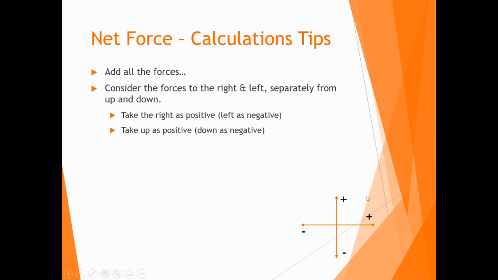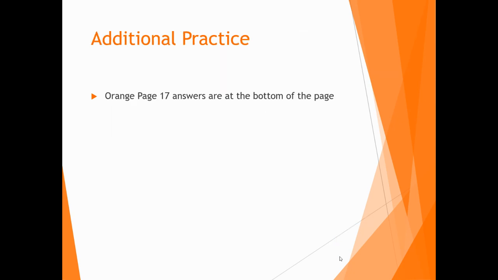And we use the same convention for positive direction as we do when we are in math. So like on the number line, the positive direction is over here to the right, where the negative is to the left. And same with up is positive and down is negative. So later on, we'll be indicating some of these as being positive or negative. However, you can also write right and left and up and down.